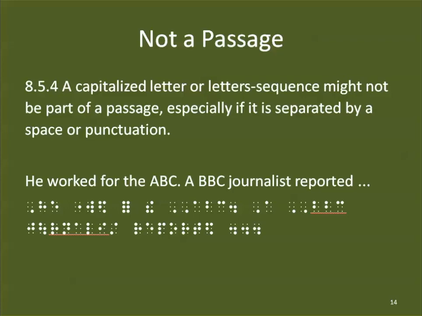And then BBC is another acronym, or initialism is the proper term. So again, technically that's three symbol sequences, but they're capitalized for different reasons. So we're not going to treat this as a passage because that would really confuse the reading of it if you think about it. So we are going to use just the capital word indicator for ABC, end our sentence normally, capitalize our next sentence normally with the word, and then we're going to start the capital word mode for BBC.